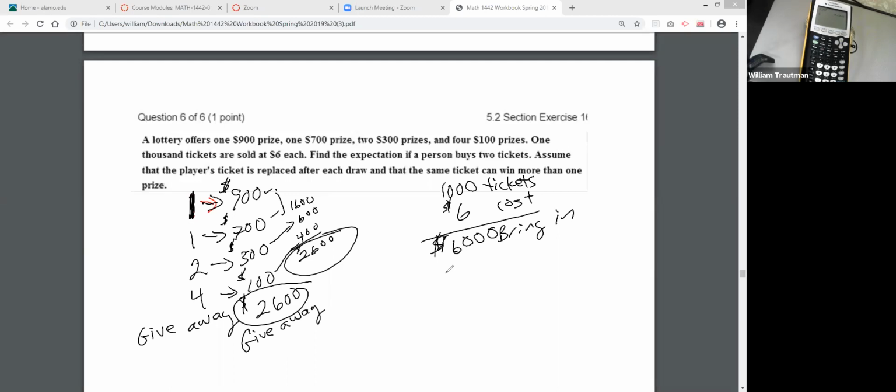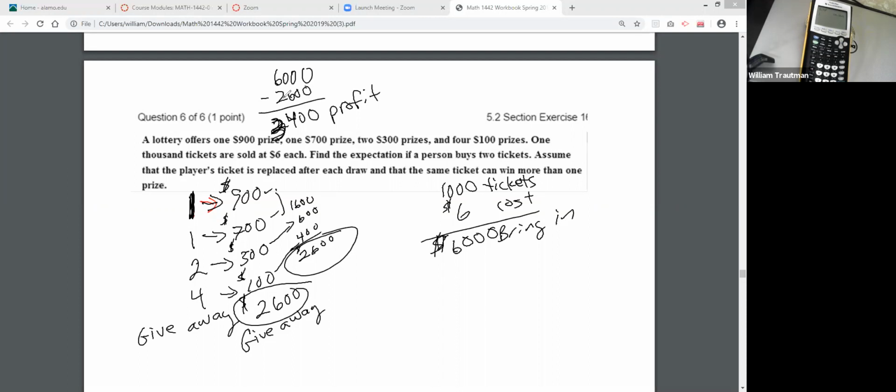If they bring in $6,000 by selling 1,000 tickets for $6 each, and they give away $2,600, they're going to make a profit of $2,400. Well, that's $3,400. Sorry. Do you see? If they sell 6,000 worth of tickets, but they only give $2,600 in money, they bring in a profit of $3,400.